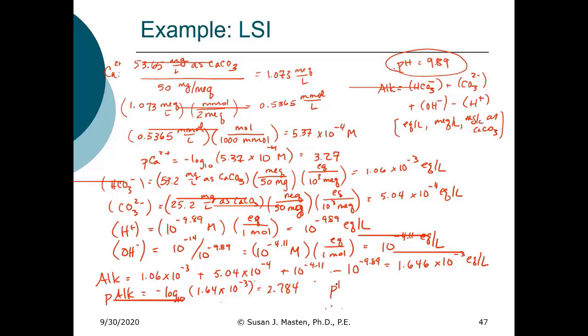So my pH sat, as I said, is P Ca2 plus P alkalinity plus C, and that is equal to 3.27 plus 2.784 plus C that we calculated previously of 2.61, and that is equal to 8.66.